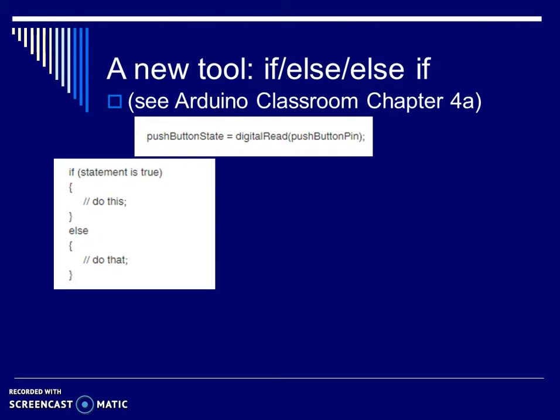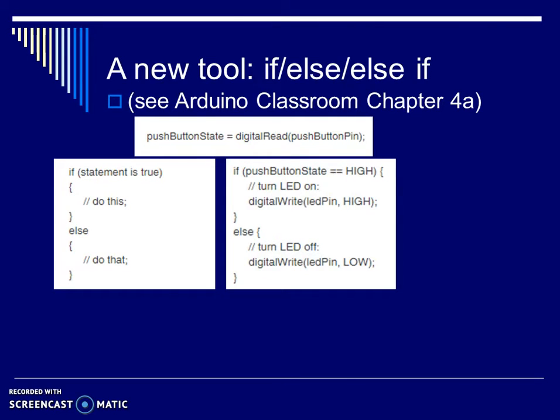And then we'll apply this new logic, this idea of if a given statement is true, do this, else do that. And I'd like you to, rather than just use this simple logic that I show here, use the syntax and apply the logic that I described previously.